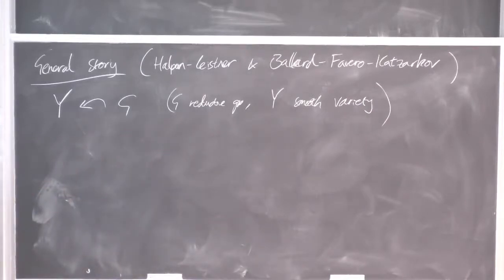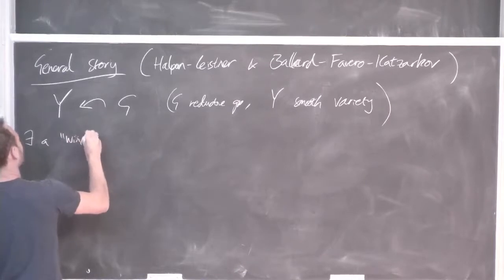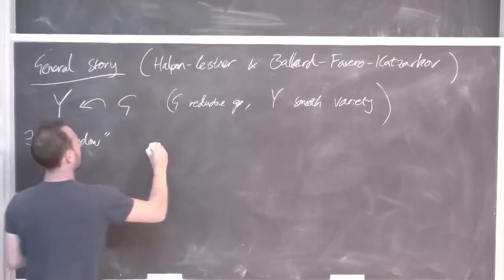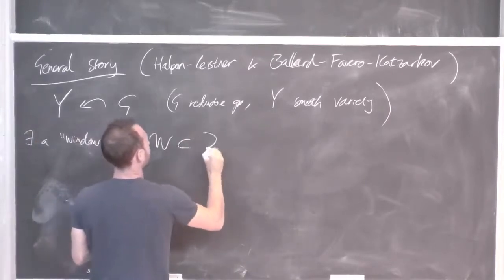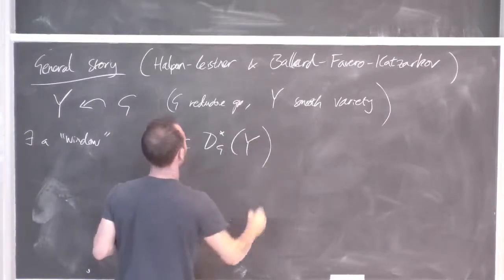Then, using their general theory, you can construct a window. What do I mean by a window? Well, I mean a subcategory inside the G-equivariant derived category of Y.